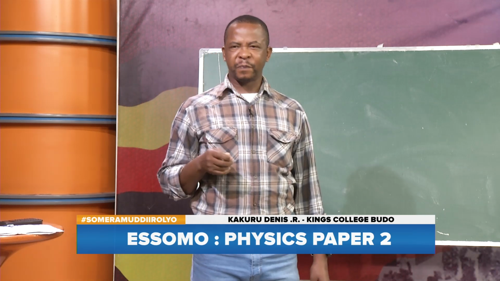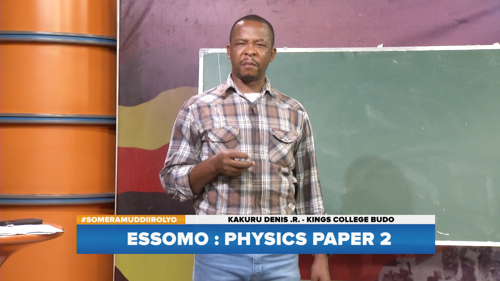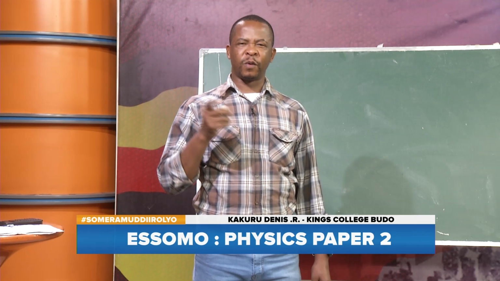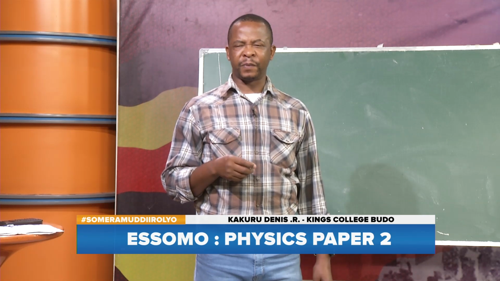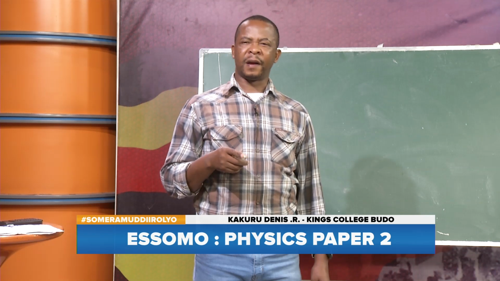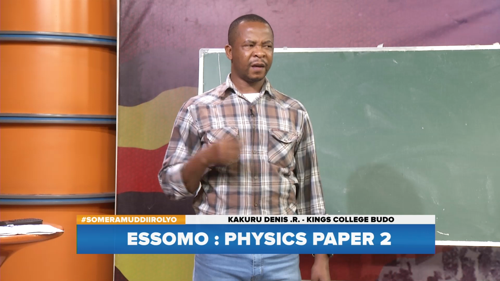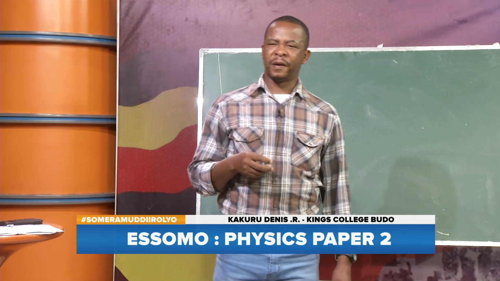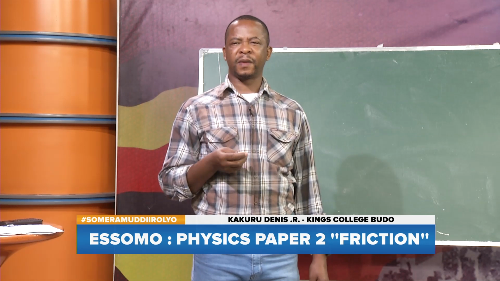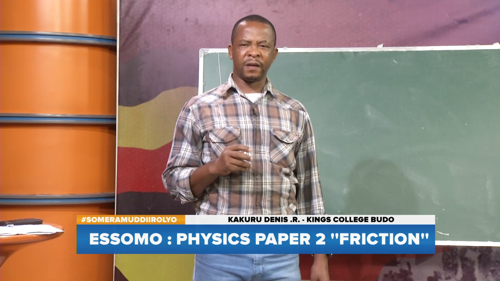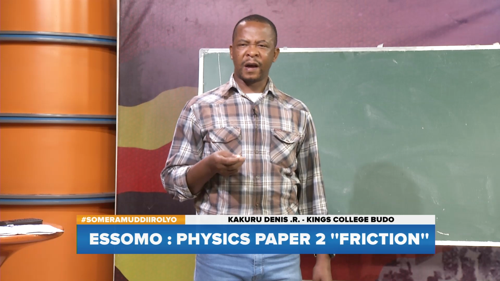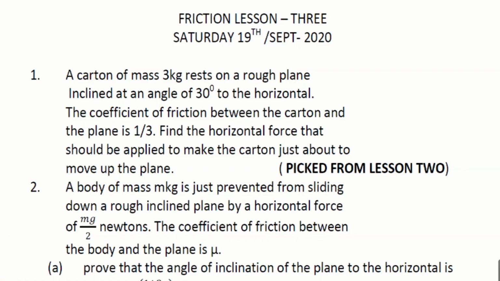And we were looking at friction. Last time we did several numbers, and we are left with one number which I'm going to start with in our discussion today. And right away, I will request my producer to show us the numbers. Remember, you need either to take a picture because you cannot copy the numbers as fast as the time available is.